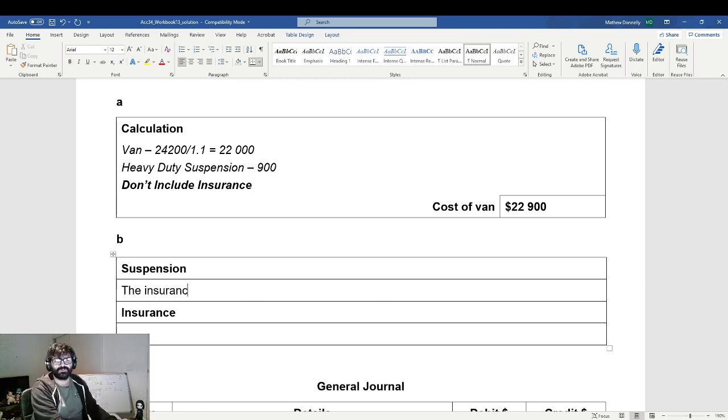Now we've got to put in, why did we do this? So the suspension is included, and now this is B, referring to Part A, explaining your treatment.